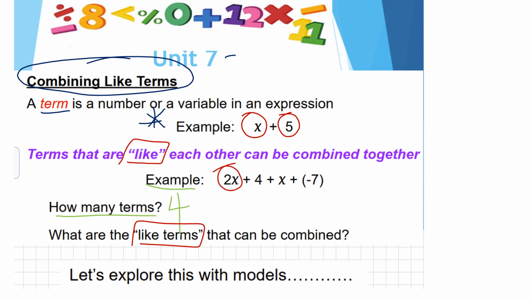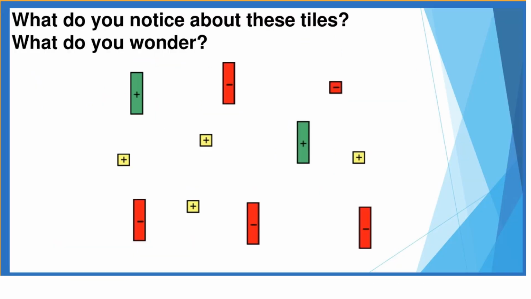The 2x and the x both include the variable x, so those can be brought together as like terms. And then we have the number 4 and the number -7, so those can be brought together and considered like terms. Now, we're going to talk about how to combine them, but basically that just means that we're going to be adding them together.